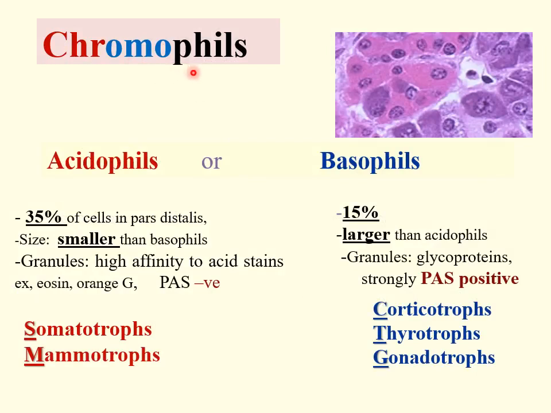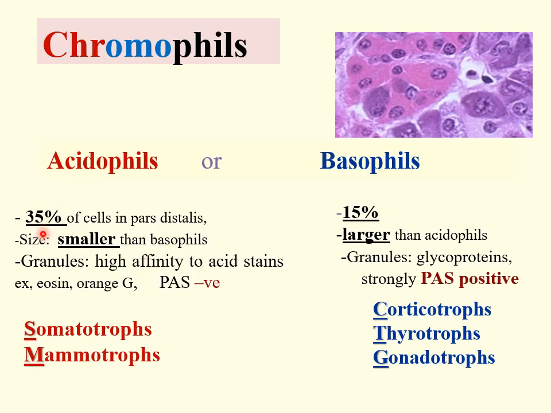These chromophils are divided into acidophils and basophils. Acidophils form about 35% of all cells in the pars distalis, and basophils form about 15%. But the size of the acidophils is smaller than basophils.